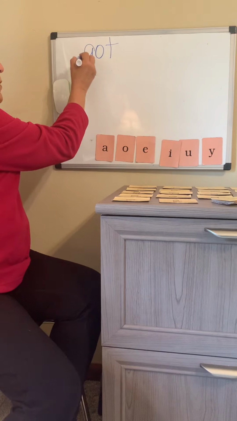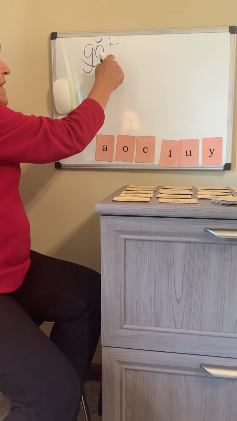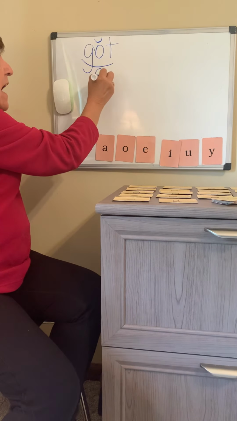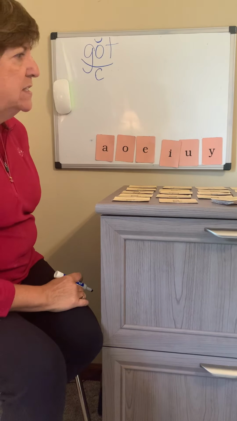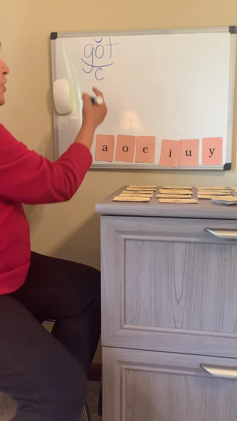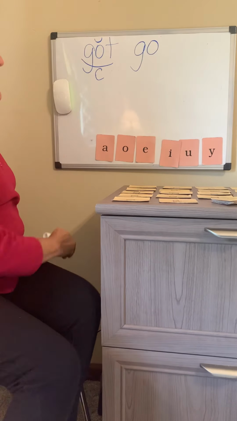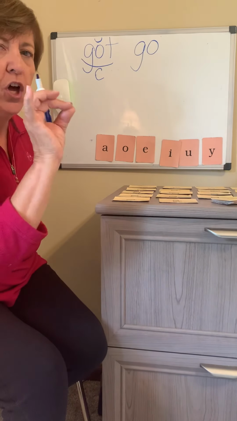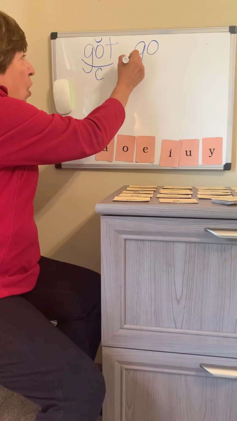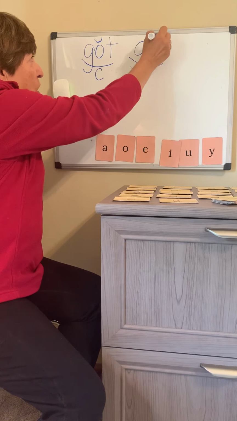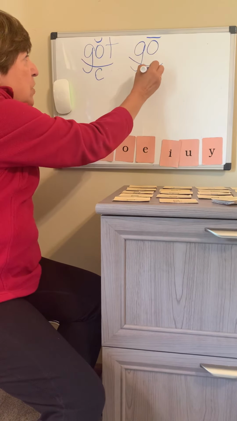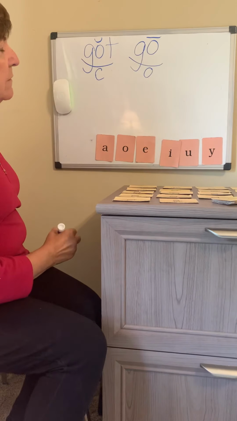Okay, we know it has a short O. The T shuts the door, so we said that was a closed syllable. If we took off the T and we ended up with the word go, that has a long O and nothing shuts the door, so it's open.